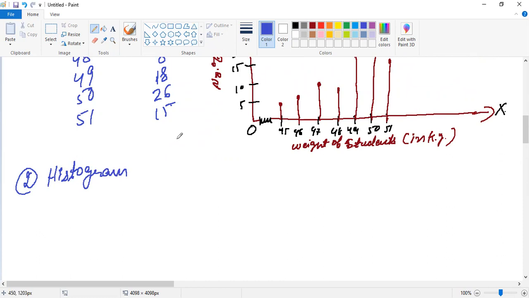Students, a histogram is a graph of a frequency distribution in which class intervals are plotted on the OX axis and their respective frequencies on the OY axis. It is a two-dimensional diagram, because a bar diagram is a one-dimensional diagram, but a histogram is a two-dimensional diagram.